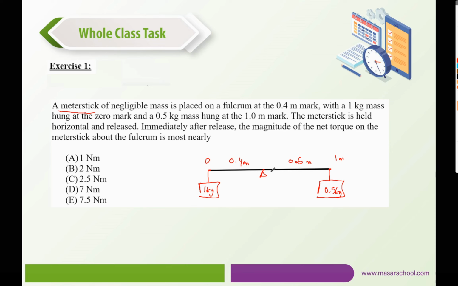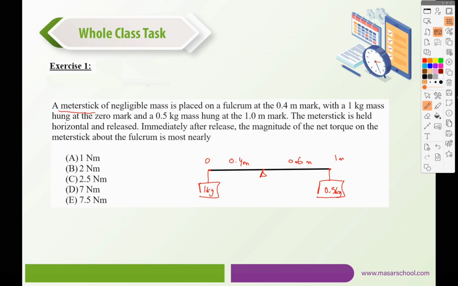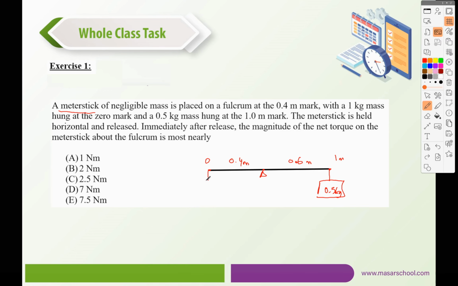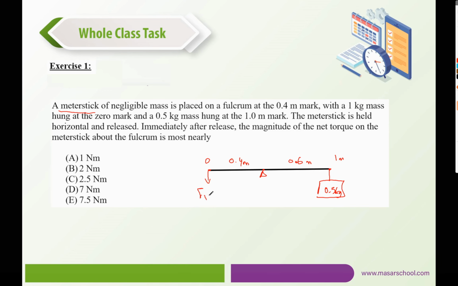Immediately after release, the magnitude of the net torque on the meter stick about the fulcrum is most nearly. So we need to find the torque produced by each force. Then we will calculate the net torque. So how many forces do we have here? First of all, we have 2 apparent forces. The force exerted by the 1 kg on the meter stick is F1.